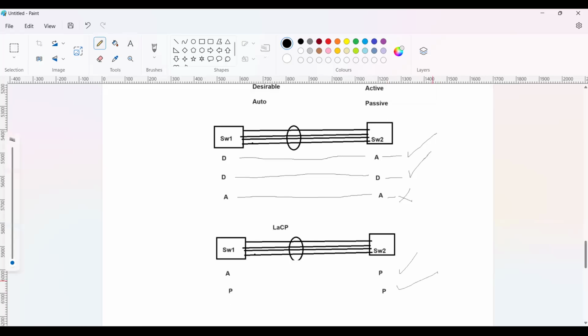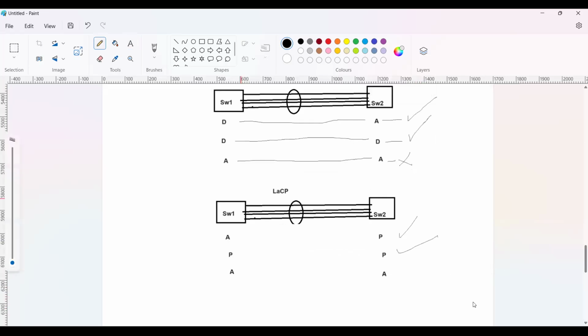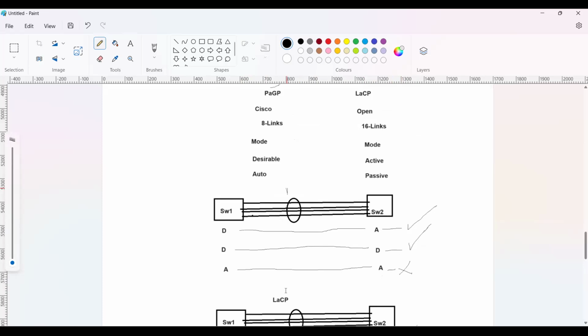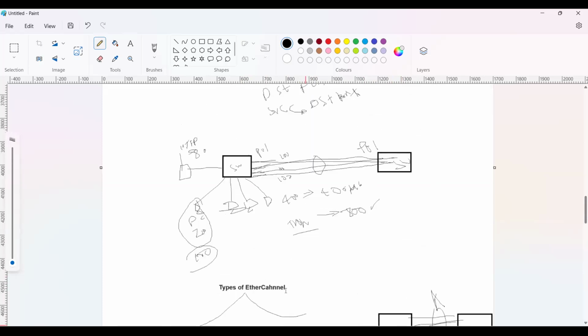If you are using active here and active here, then the EtherChannel will be formed. Passive and active, it will be formed. This is PAgP and this is LACP.